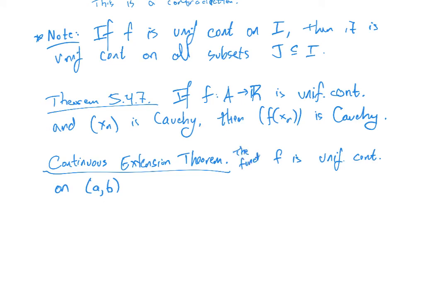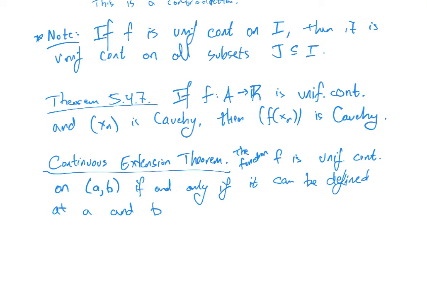The function f is uniformly continuous on the open interval (a, b) if and only if it can be defined at a and b to make it continuous on the closed interval [a, b].